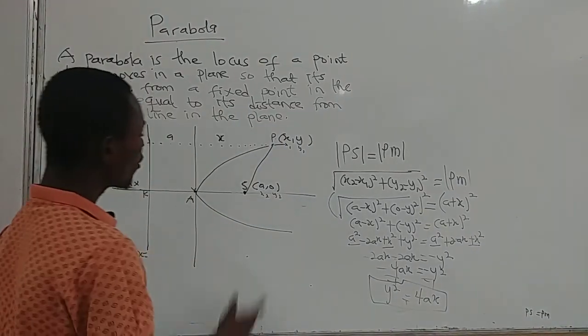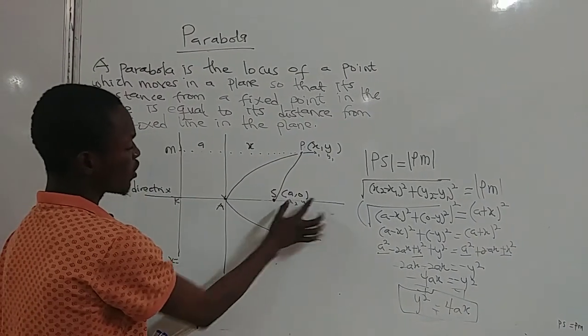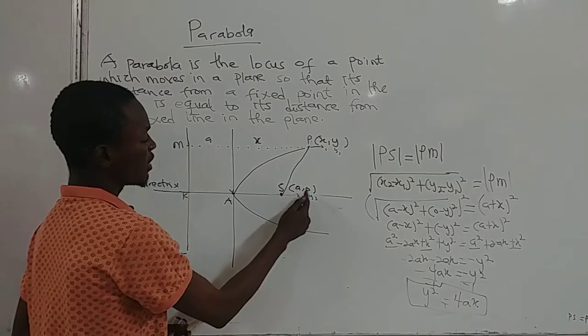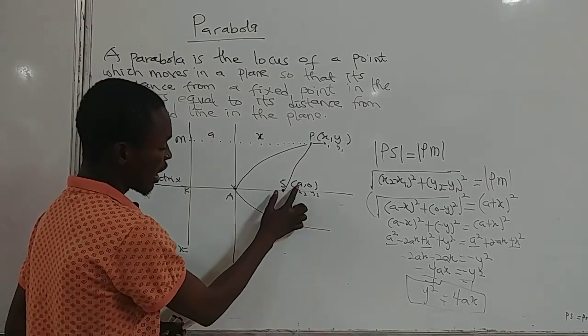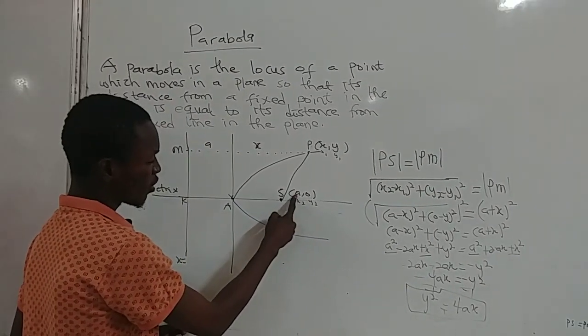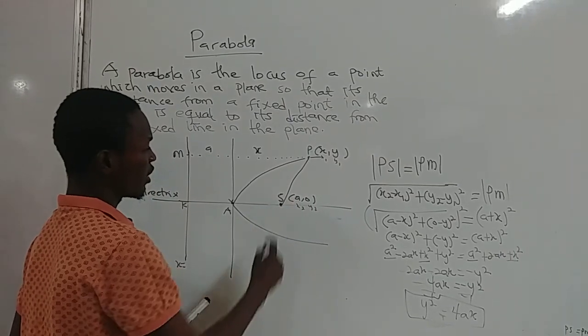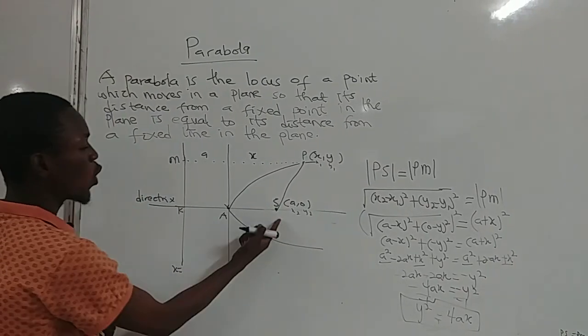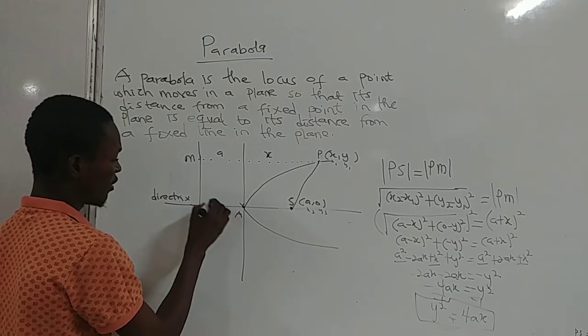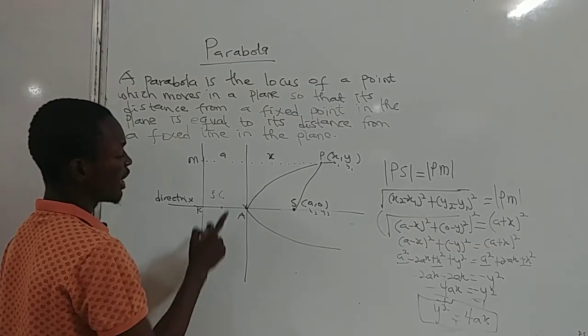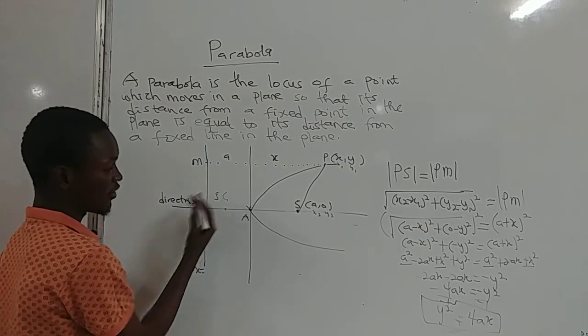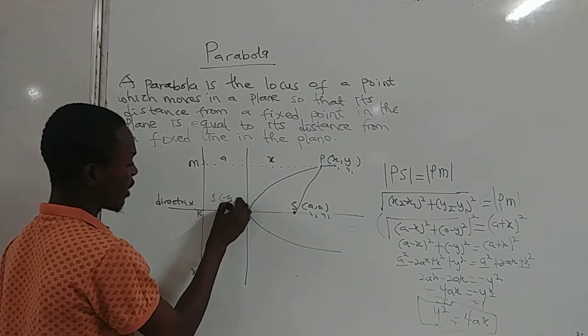From here we can see that the focus is the point (a, 0), where our coordinate is positive. In case the focus falls on the other side, a will become negative, so we have (negative a, 0).